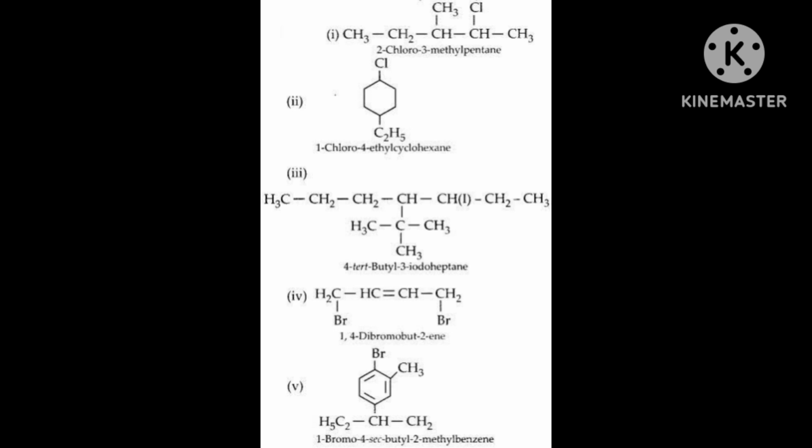Nature of the C-X bond means X means halogen, X is attached with carbon, X may be fluorine, chlorine, bromine, iodine, okay, F Cl Br I. Then what is the nature of this bond, C and X bond? That I will give an idea, okay.